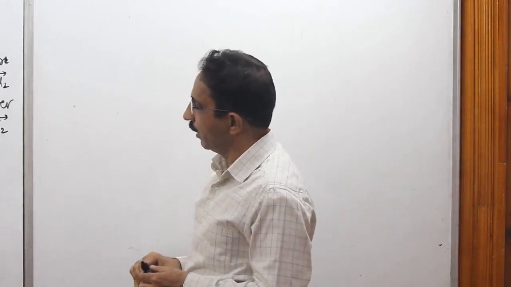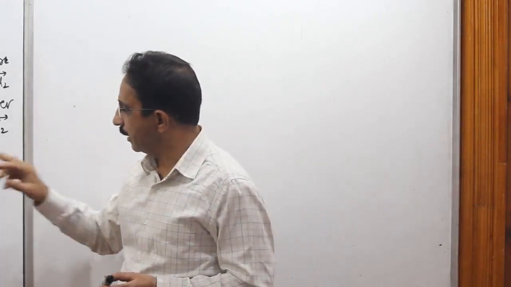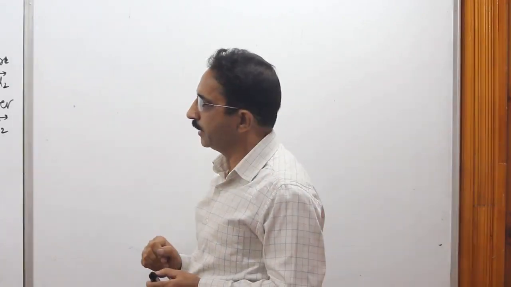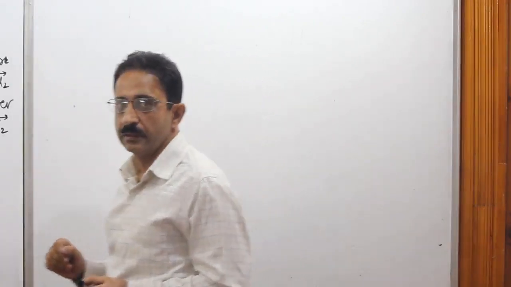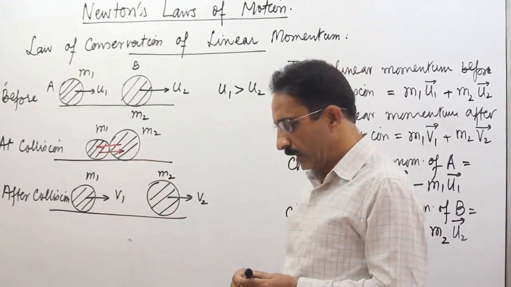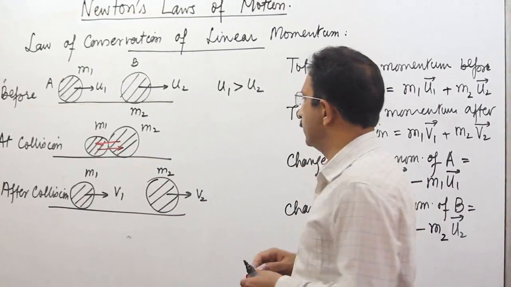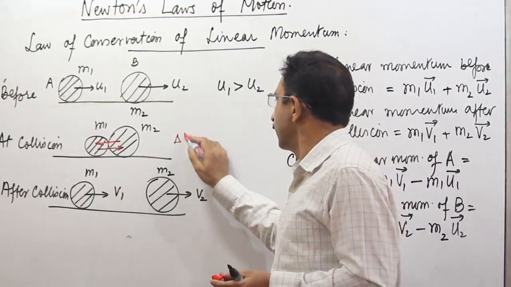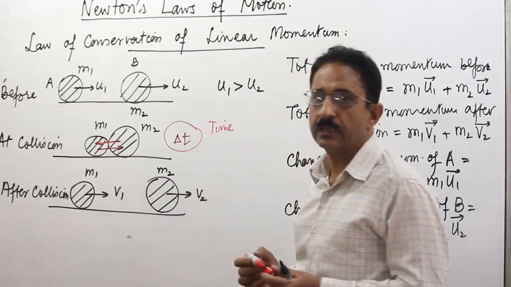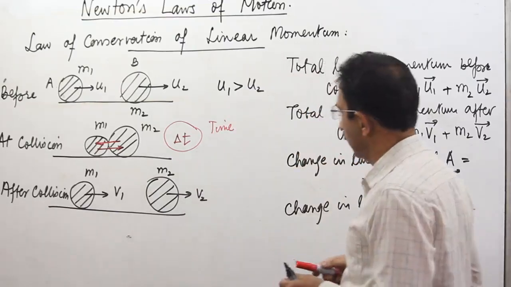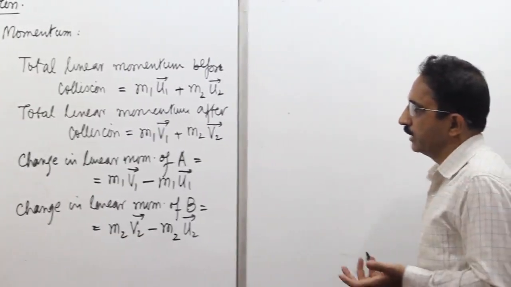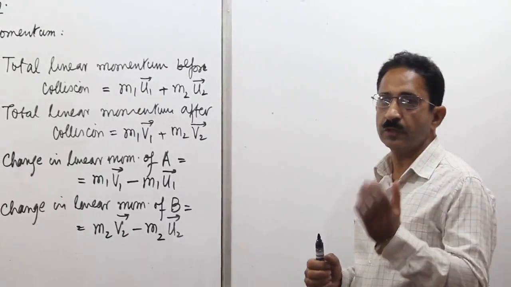So think of this change in linear momentum taking place during time delta t. Which is that time delta t? That is the time during which the collision lasts. So let us assume that this collision between the two masses lasted for some time. That time interval was delta t, a short time interval, which can now be utilized for using Newton's second law.